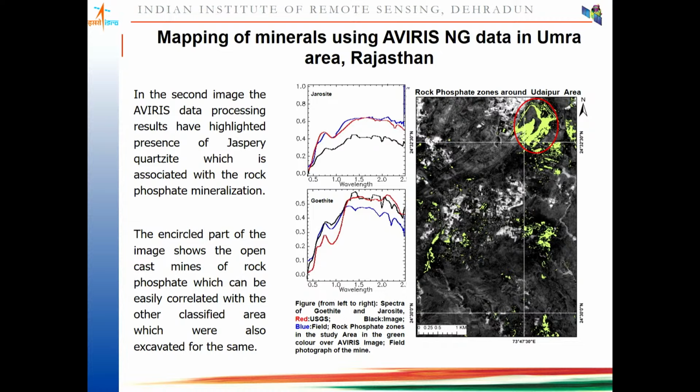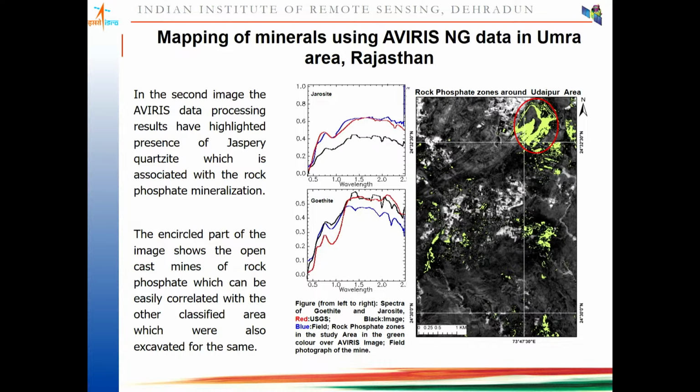So we have used a known to unknown approach. These are the known rock phosphate areas. We collected the spectra from here, matched them with the IIRS data, and then ran the classification algorithm for larger areas, and we found some new areas which had not already been highlighted by the agencies, or which may have been quarried, with similar composition.